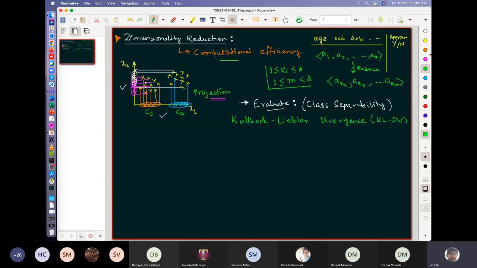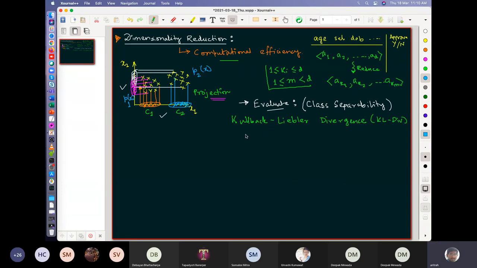So for making KL divergence run, suppose these points in one part follow a probability distribution P1x, and these points follow another probability distribution P2x. Remember, x is a vector because it's a pair x1, x2 in this example. It could be a vector of d dimensions.